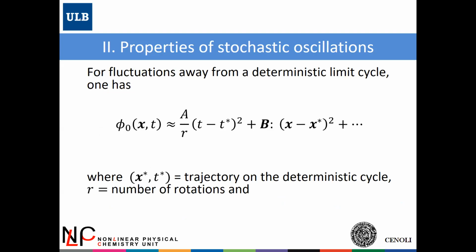And by doing that, one rapidly reaches the conclusion that the first terms, the linear terms, are 0, and the first non-zero terms are the quadratic ones. And they involve different coefficients. I will focus on the term that depends on time. So we need just to talk about A and R. So here in this expansion, R is the number of rotations of the limit cycle.